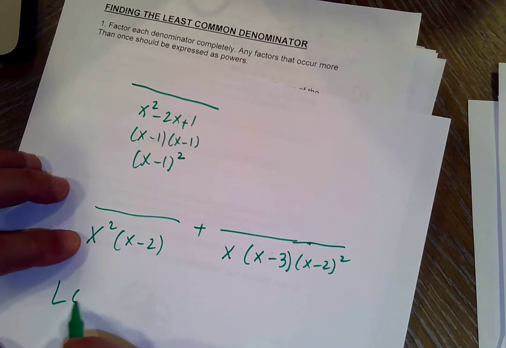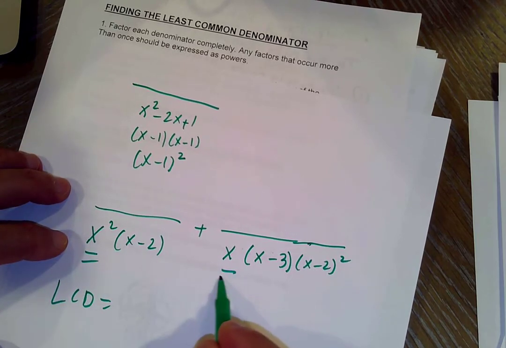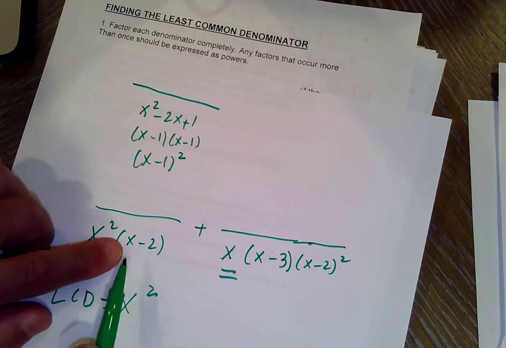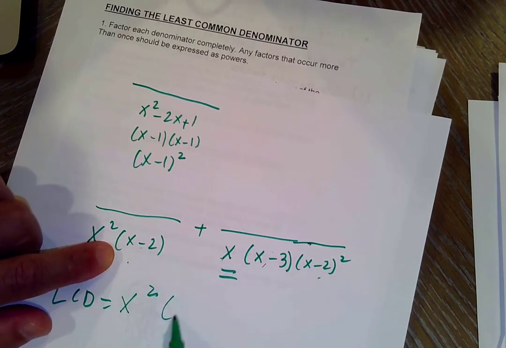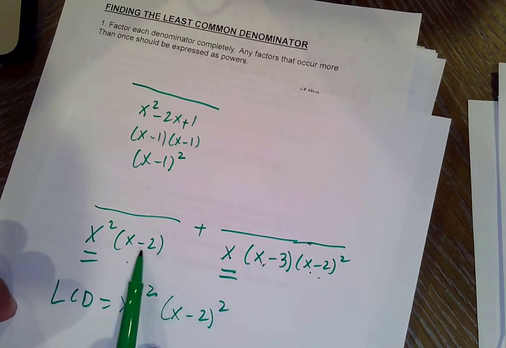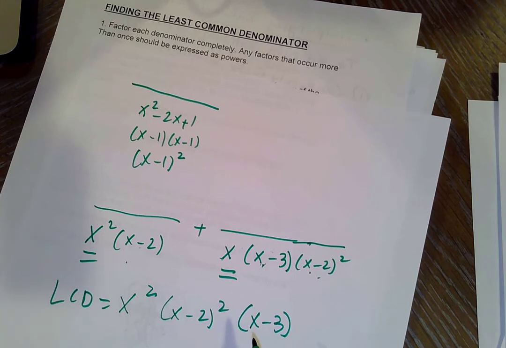So to find the LCD, there's x in both of them. You pick the one with the highest power. x minus 2 is in both of them, you pick the square, which is the highest power. And x minus 3, even though it's not in both of them, has to be brought down because we're finding a least common multiple. A multiple must include every factor. I hope I made that clear.